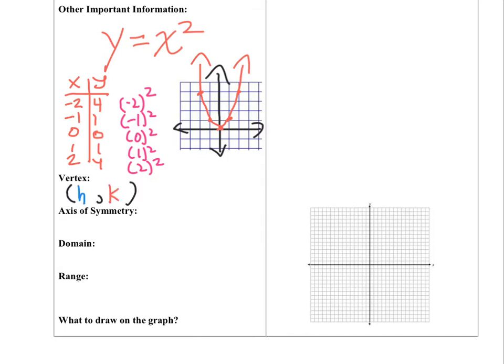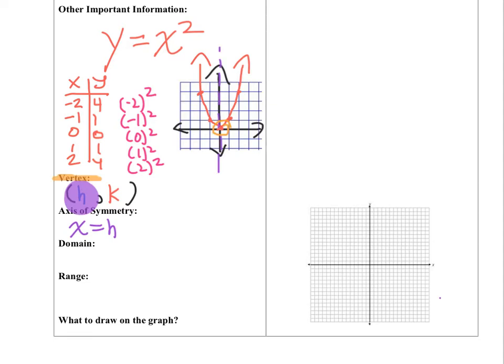The vertex is still given by h and k, which is the translations, and the axis of symmetry is still given by the vertical line x equals h. Just like the absolute value functions, all quadratic functions are also symmetric about a vertical line.